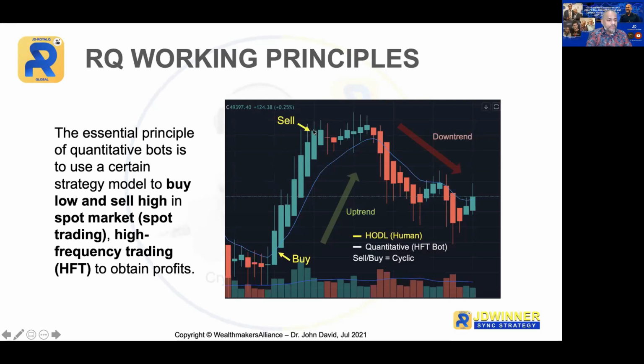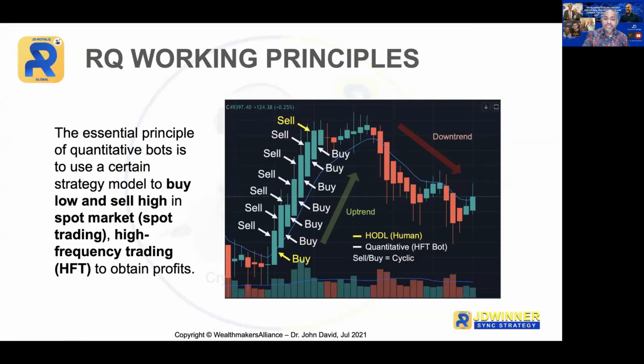Now, if you are doing manual trading, this is basically what happens. You will only be doing one or two times. You buy one time and you hodl. This is what we call hodl. Hodl means hold on for dear life. So if you are doing it by human, you will just buy and just hodl. That's all. But if you are using a quantitative bot, this is how it looks like. Can you see that? A quantitative bot will buy, will sell, will buy, will sell, will buy, will sell.